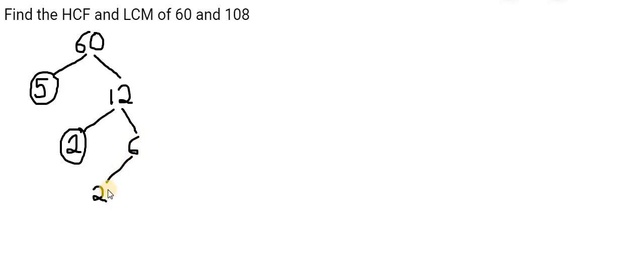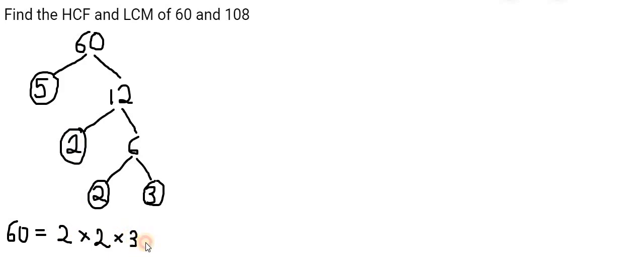The number that goes with 2 to make 6, that's 3. Now 2 and 3 are both prime numbers, so we circle those two. So 60 as a product of prime factors is 2 times 2 times 3 times 5, only picking the circled numbers.